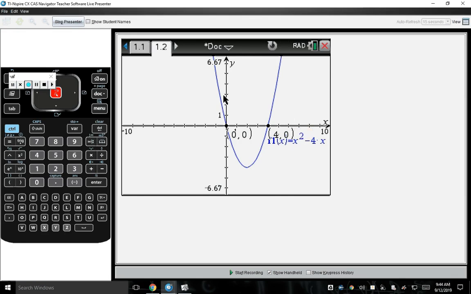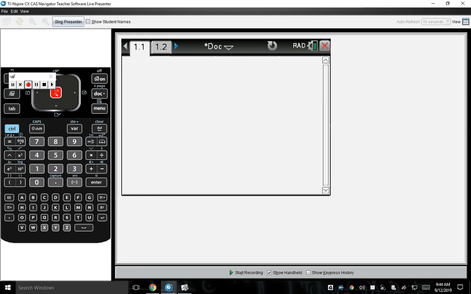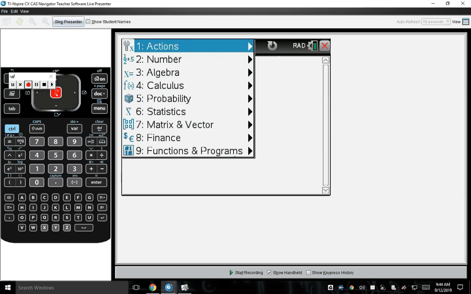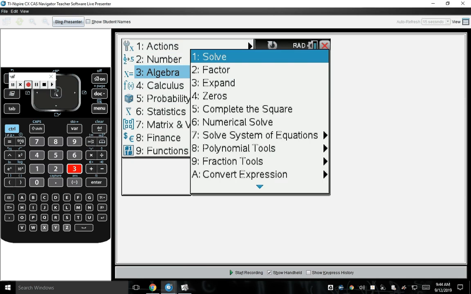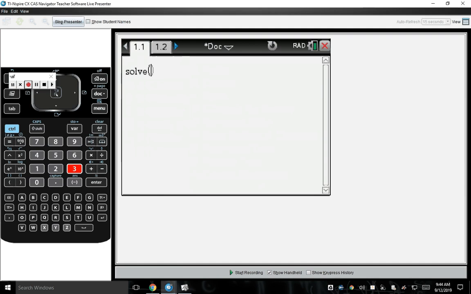Go back to the first calculator page. And on 1, 1, I want you to go ahead and type in with me. We're going to solve for this variable. Menu. What number do you think we're going to press? 3. What number do you think we're going to press? 1. And now you're going to type in exactly the equation.